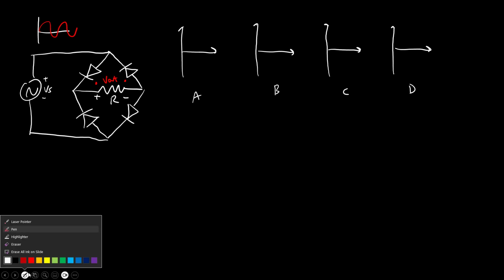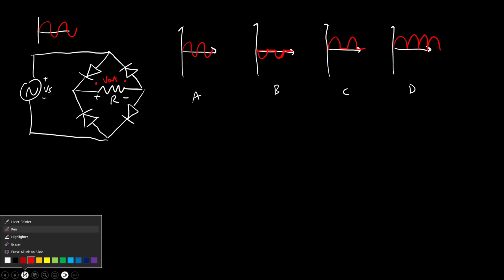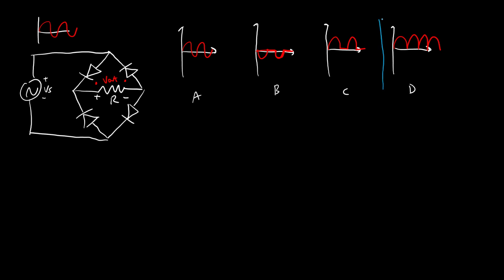A, B, C, D. Do I leave my input unchanged? Do I, oops, drew that wrong, invert it and clip off the positive part? Do I clip off just the negative part? Or do I make the whole thing positive? So pause it for a second and think about the potential answer there. So the correct answer here is D.